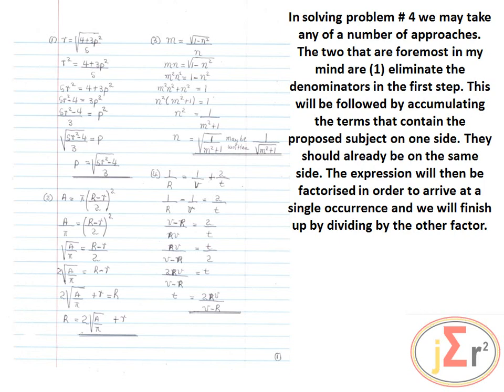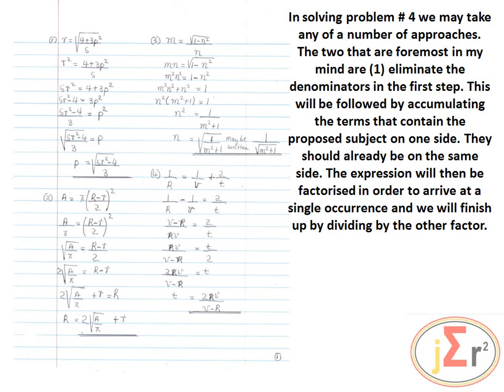Flattening the equation, as it is called, is always a very good move to make. This will be followed by accumulating the terms that contain the proposed subject on one side. So that is what we do first: eliminate the denominators altogether and then accumulate the terms that have the proposed subject on one side.